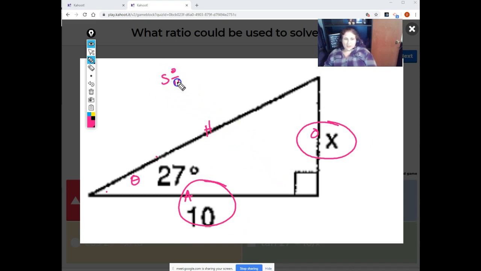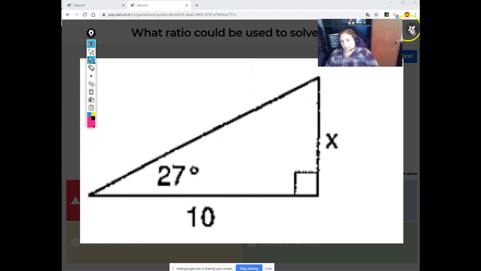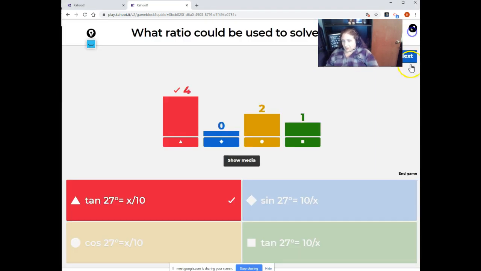So we have so ka toa. Because we don't have the hypotenuse, we can't use cosine or sine. We have to use tangent. Tangent is opposite X over adjacent 10. Tan 27 equals X over 10. Michelle, delete, hide. There it is.